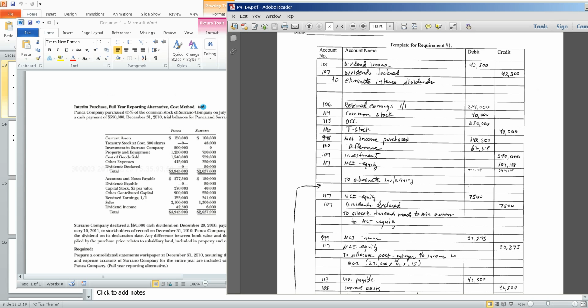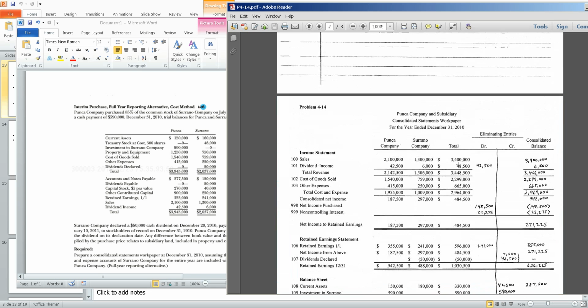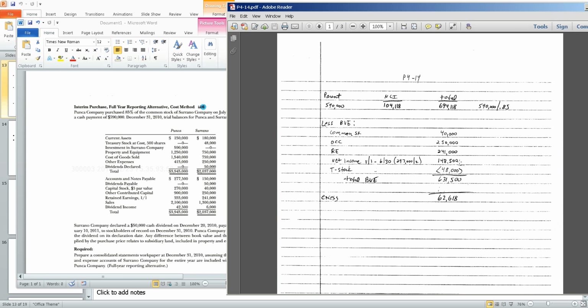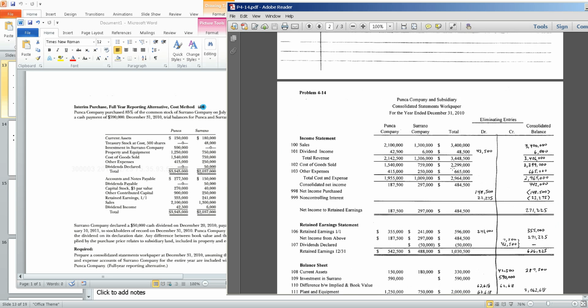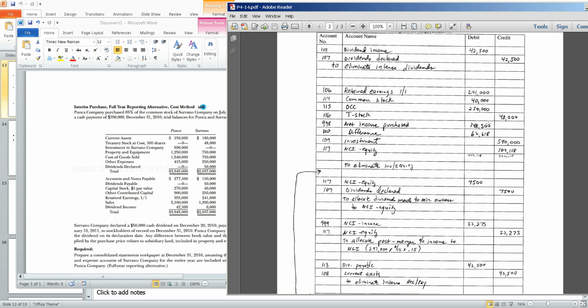The net income purchased, that's the amount that appears up here. It's the income that had been generated from 1/1 through the acquisition date. We are going to recognize that as a negative item on the consolidated income statement.